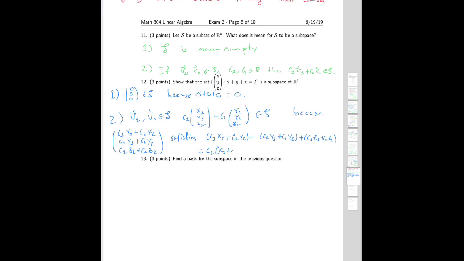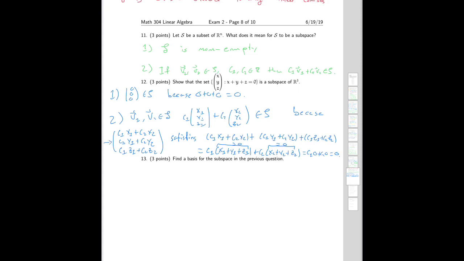So this is C1 times (x1 plus y1 plus z1) plus C2 times (x2 plus y2 plus z2). Now these two guys, x1 plus y1 plus z1 is equal to 0, and x2 plus y2 plus z2 is equal to 0. Why? Well, x1, y1, z1 is in S. And what does a vector have to do to be in S? The sum of its coordinates is equal to 0. So this is C1 times 0 plus C2 times 0, and that's equal to 0.